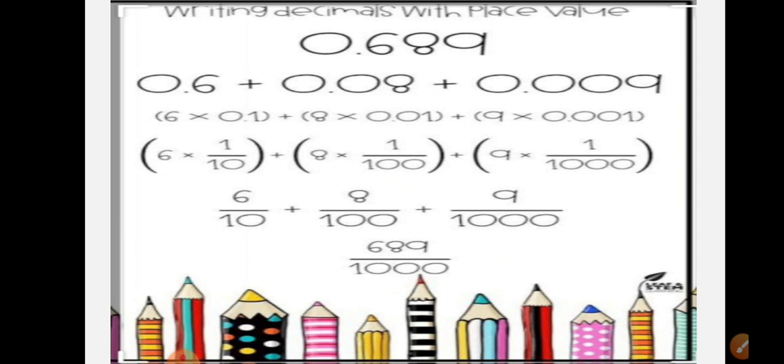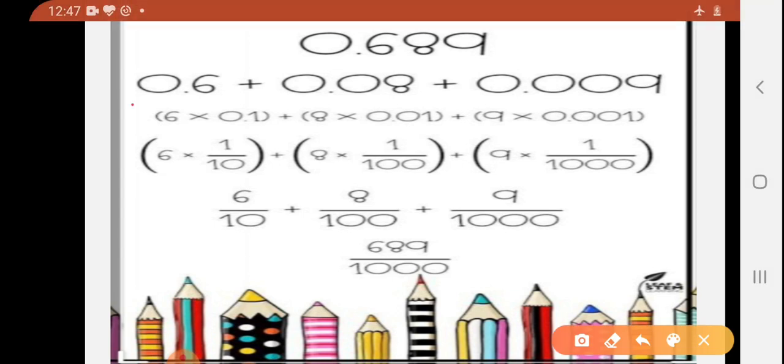Again, next is how you can write in expanded form. In the exercise, you have to write in expanded form. There are three ways of writing in expanded form. First, you can write 0.6, then 8 is 0.08, 9 you can write 0.009.